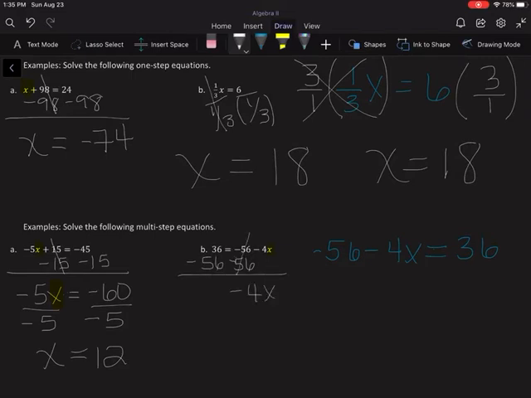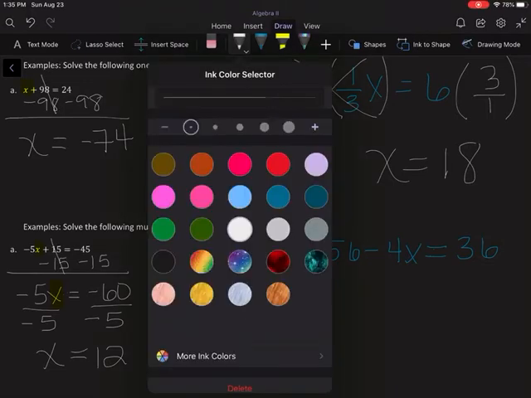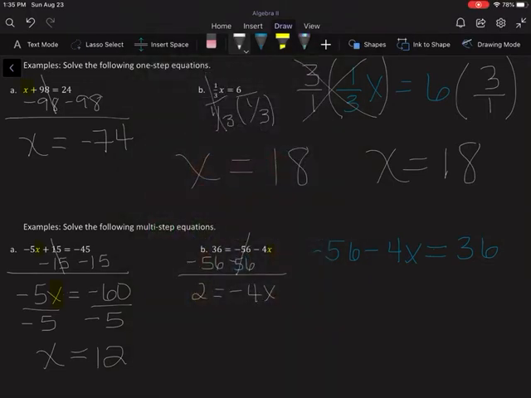Okay, so -4x is still there. Cross that out. Oh, what am I doing? You say, Miss Coates, you're off here. I need to be adding the 56 because it's a -56. So we got 92.